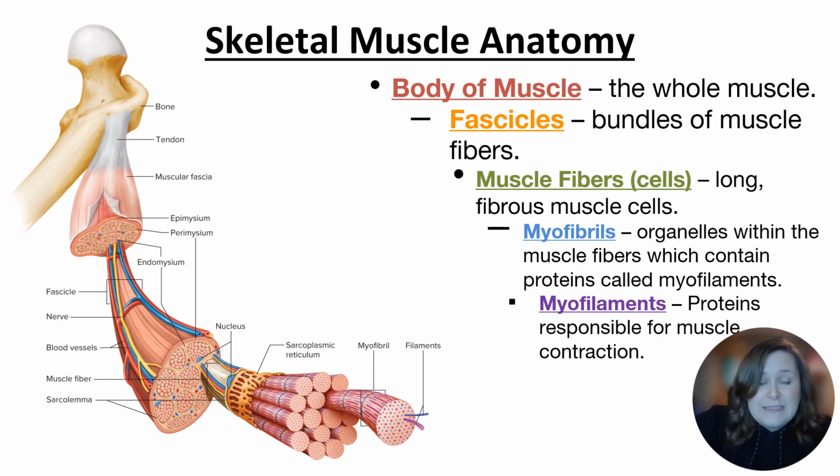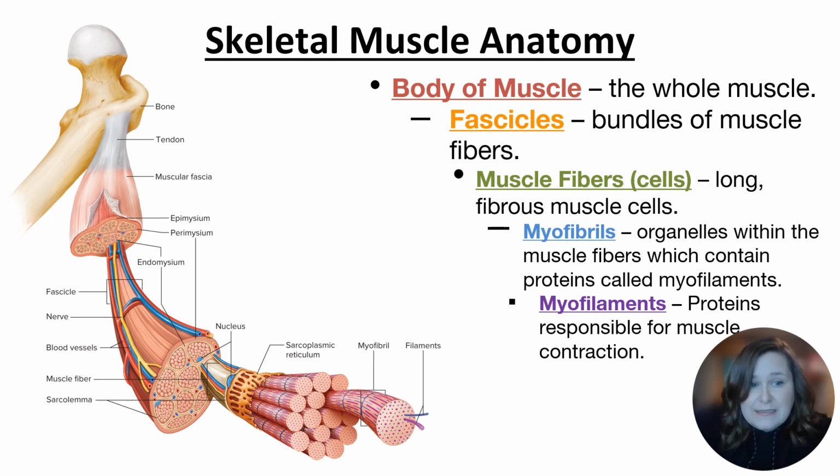So when we're looking at this as the biggest level, we're going to see the body of the muscle, right? That describes the whole muscle when we're talking about the body of the muscle. When we're talking about fascicles, we're talking about the next level of organization. So we're talking about these bundles of muscle fibers.